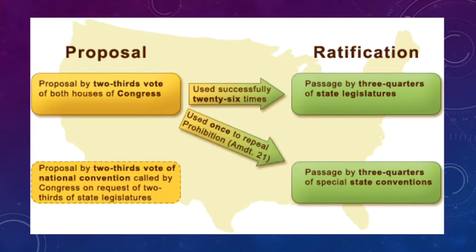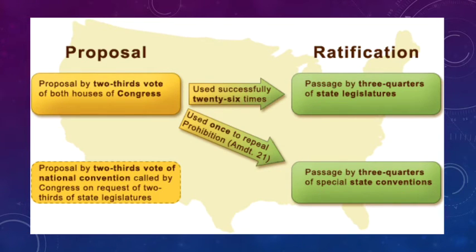And lastly, our U.S. Constitution once again has a process for changing it, for creating amendments. And it's not going to be on this test, as we'll talk about amendments in more depth later on this year. But it's not an easy process to make an amendment to the Constitution. You have to typically get a 2/3 vote from our Congress.